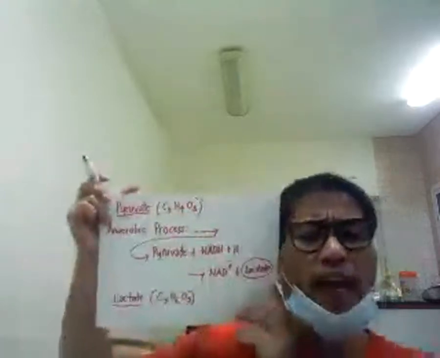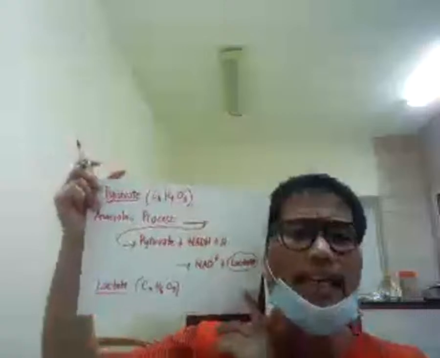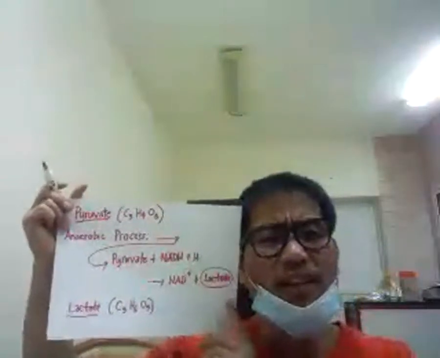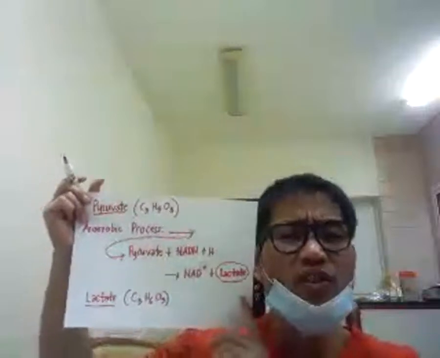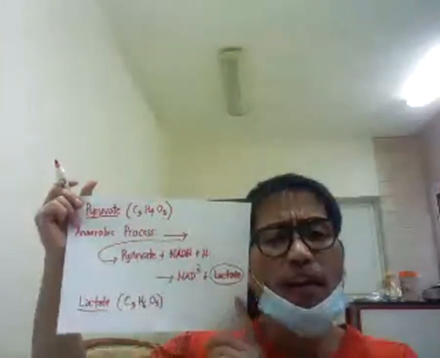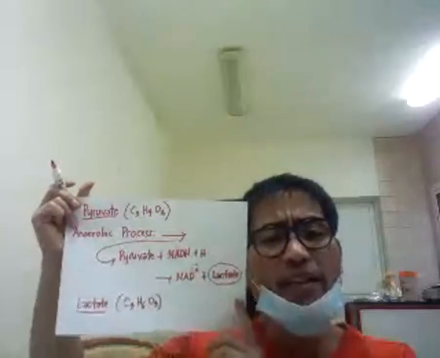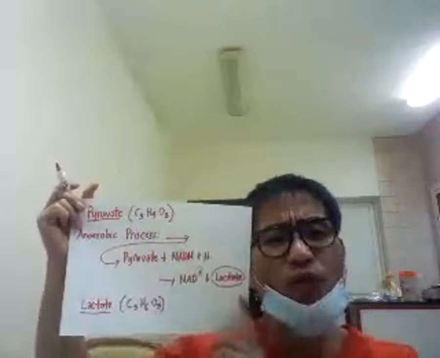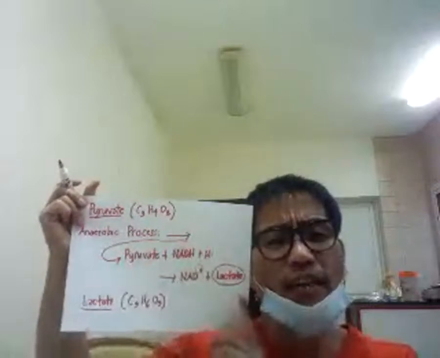Remember, the pyruvate and the lactate is an ester, okay, because it ends in ATE. Ester meaning it is produced by the combination of carboxylic acid and a long chain of alcohol. The product will be the ester and the water, okay?